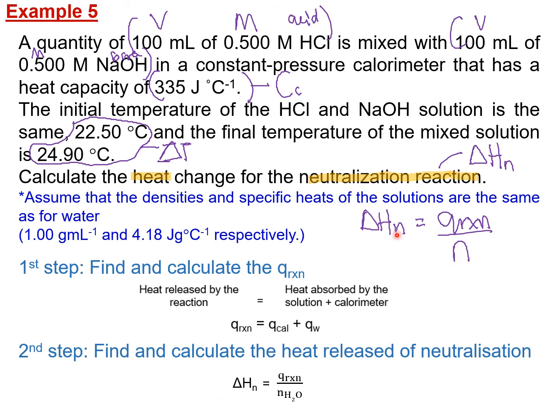Okay. Nak tahu number of mole ni, you kena hafal apa maksud heat of neutralization. Heat of neutralization ni ialah when 1 mole of water is produced from the neutralization of acid and base. Therefore, number of mole ni milik siapa? Number of mole ni milik H2O. And then next, since that heat of neutralization ni, ataupun enthalpy of neutralization ni, dia kata heat release.